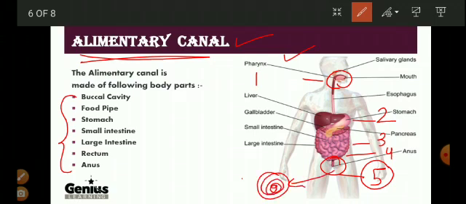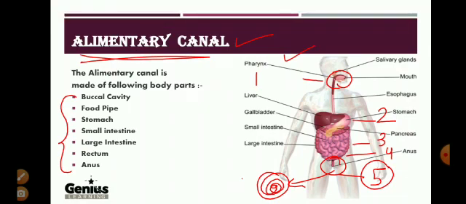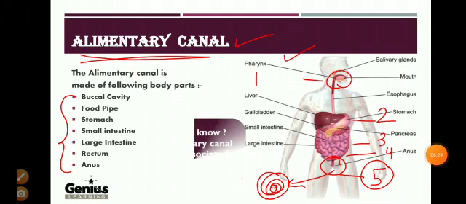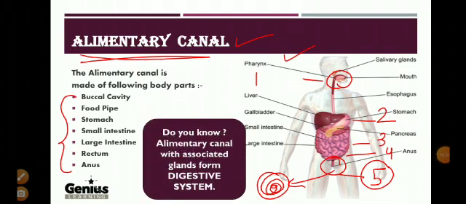Now we'll read an interesting fact. Do you know the alimentary canal with associated glands forms the digestive system? We have understood what the alimentary canal is. And what are associated glands?